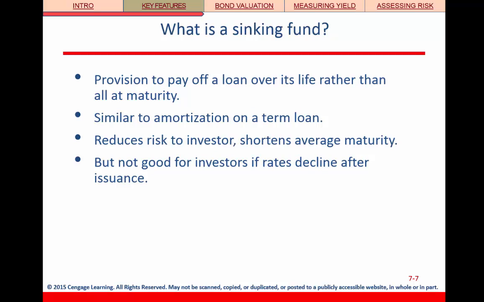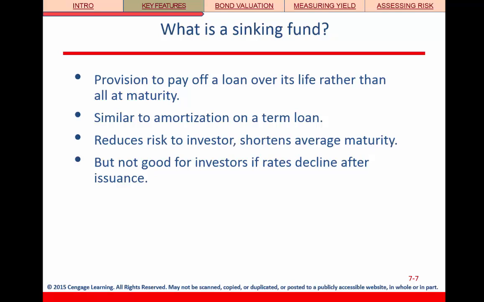Another feature is a sinking fund provision. And this just means the company pays down the principal over the life of the loan instead of waiting for 30 years and just paying $30 million back at year 30.